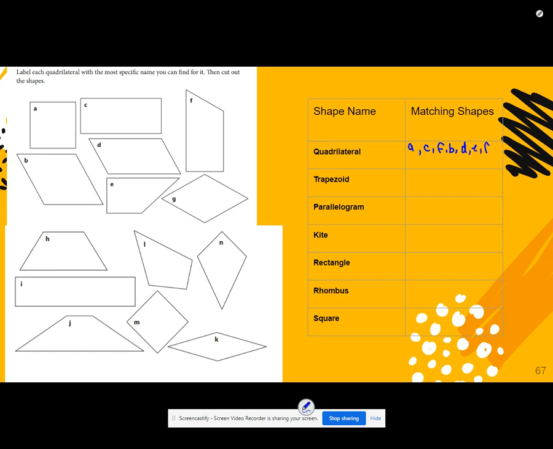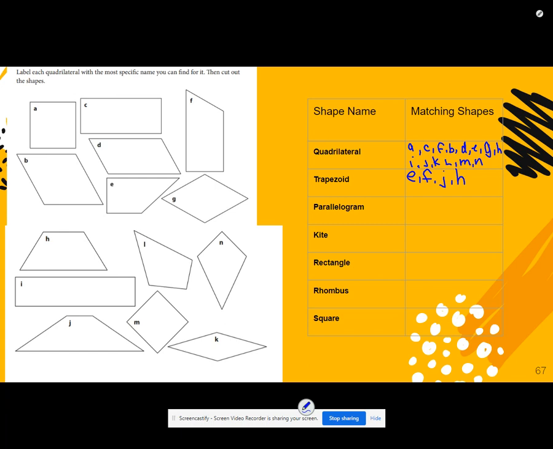E, F, G, H, I, J, K, L, M, and N. There you go. All right, which shapes are trapezoids? Pause the video. Trapezoids would be E, F, J, and H. Are there any other ones?